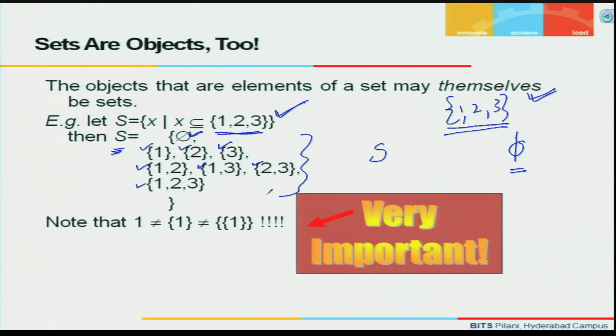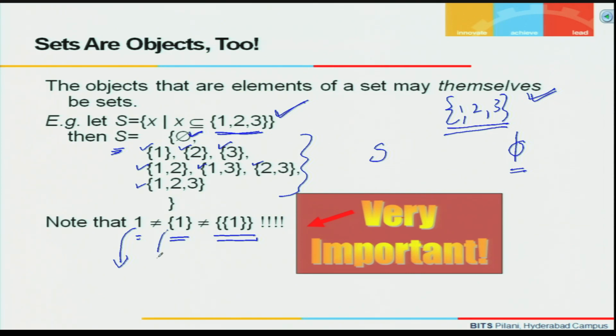Isn't it? I have got a set in which the members are themselves sets. Okay? And one small observation: 1, {1} and {{1}} are not the same in this notation. The first is an element 1.